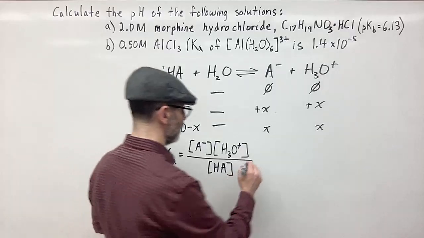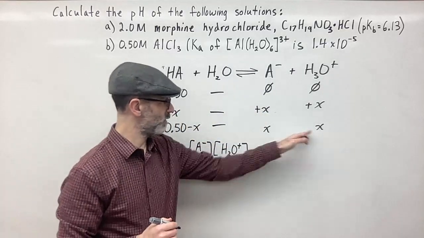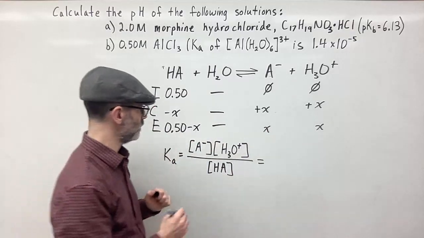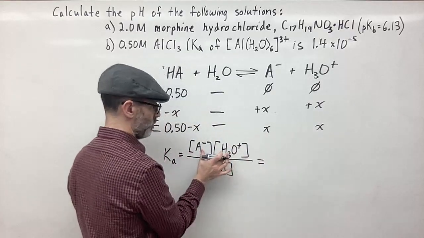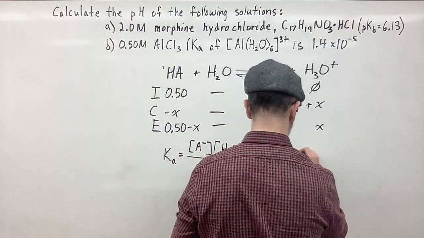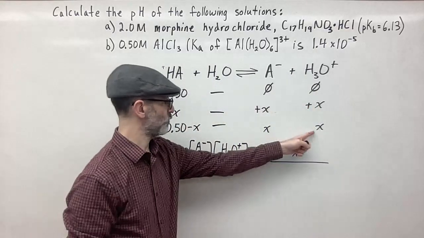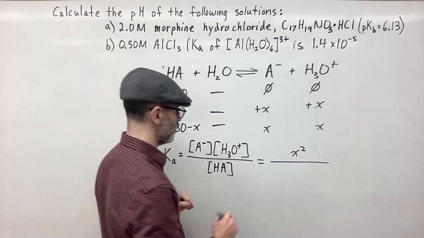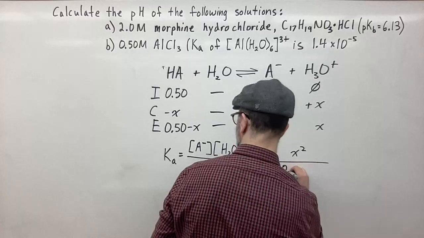So now we can substitute and plug in these expressions for the equilibrium concentrations. X times X is going to be x squared, and we plug in 0.50 minus x for the HA concentration.